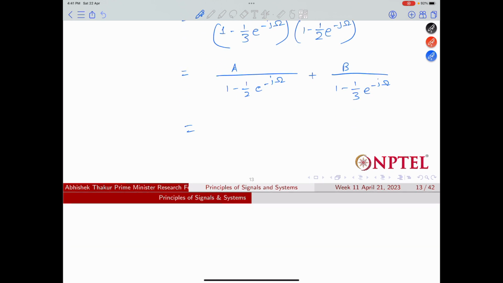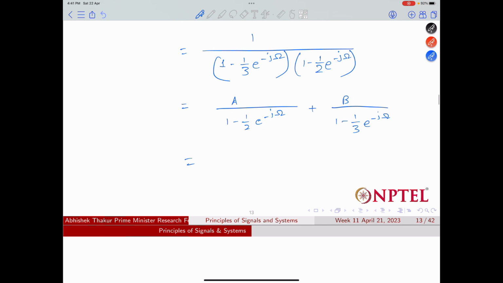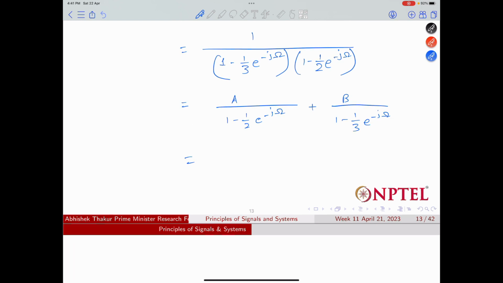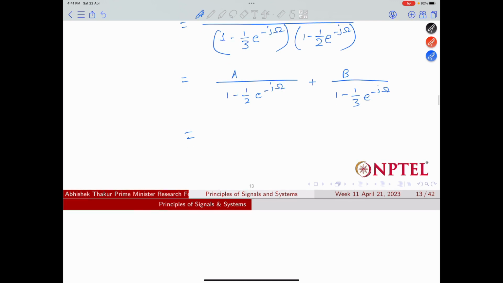After solving this, when you equate the numerator in terms of A and B, you will get A is equal to 3 and B is equal to 2.